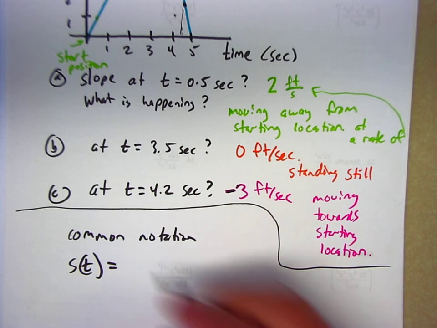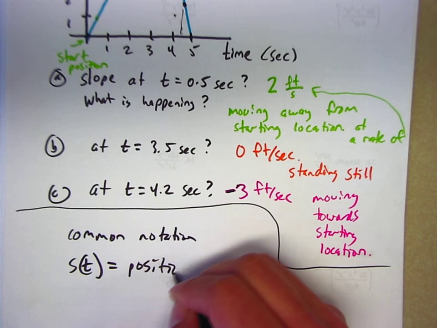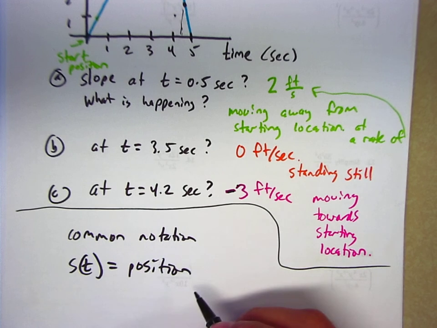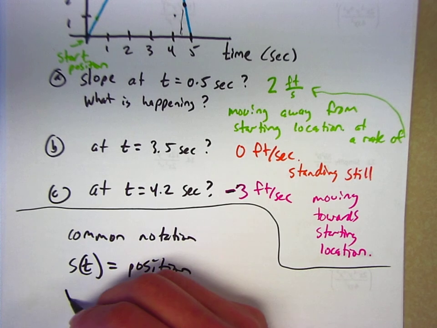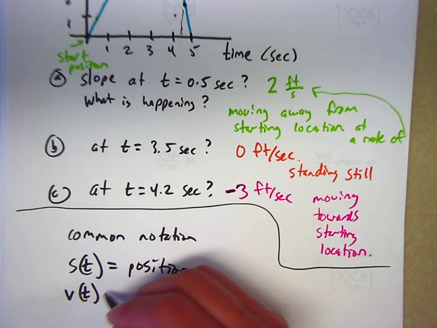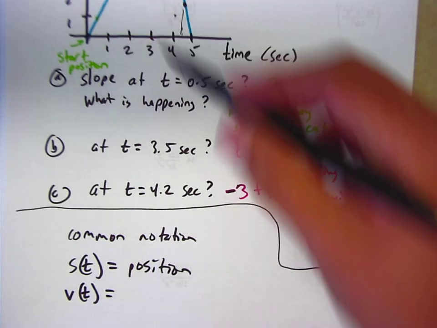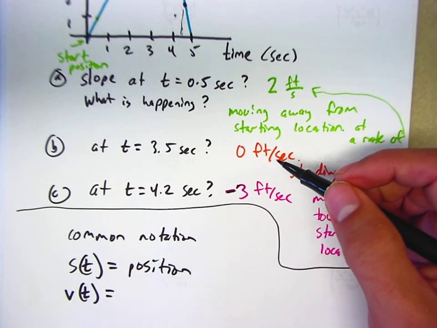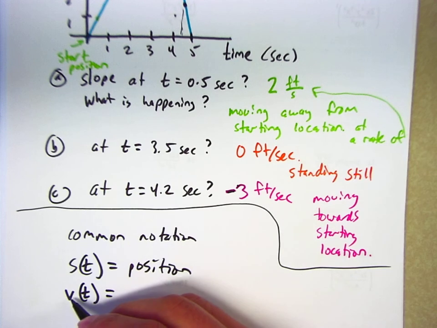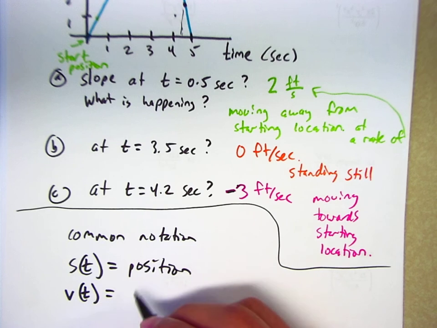S of t usually is going to stand for position. If I take the derivative, all these slope questions that I asked you represent the velocity of whatever's moving. So we just call that v of t.